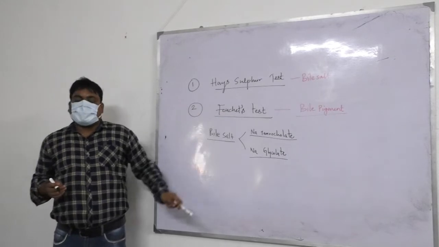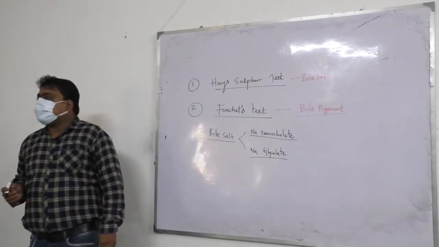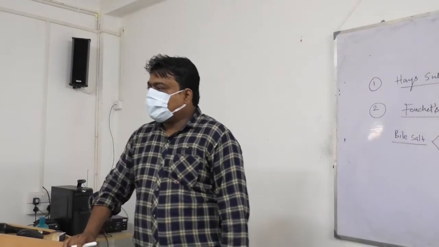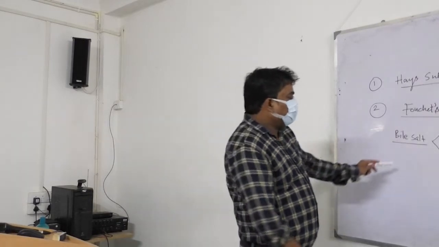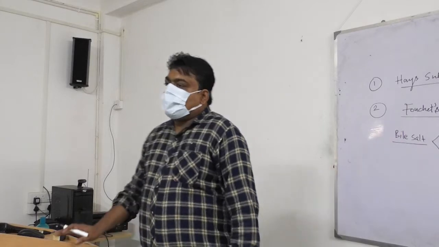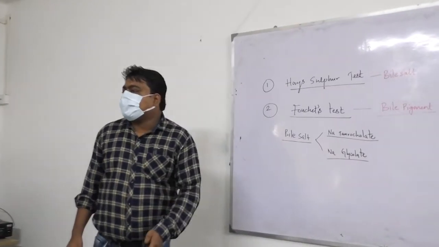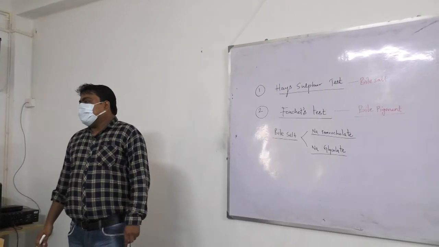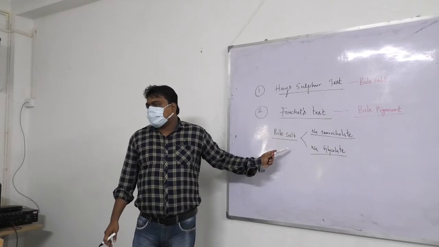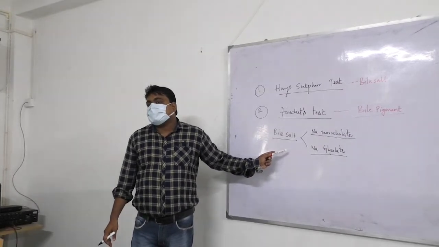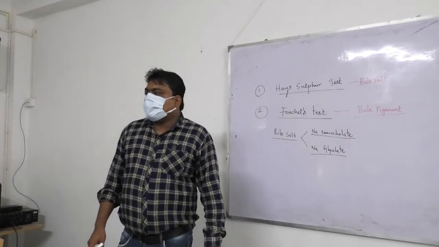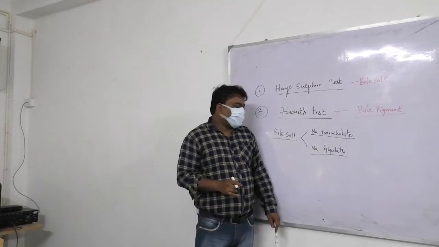We perform the Hay's sulfur test for identification of bile salts in our urine. Okay? You know bile salt? What is bile salt? It is a derivative of cholesterol. You already know, this is the degradation part of cholesterol in which bile salts are found. And the function of bile salt is to help in the digestion and absorption of lipid molecules, yes, through the process of emulsification.